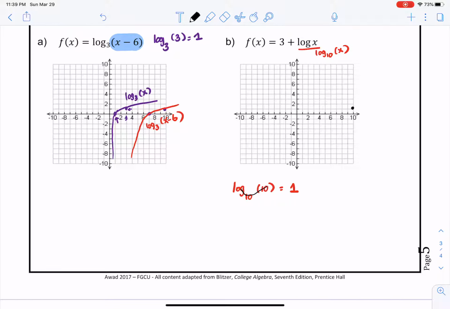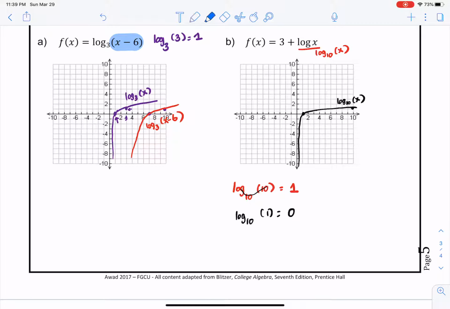And at x equal to 1, log base 10 of 1 is 0, because any base log of 1 is always 0. So it's going to go like that and down. So that is a typical log base 10 x curve.